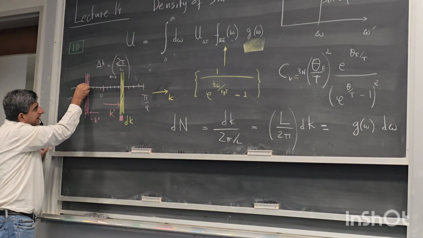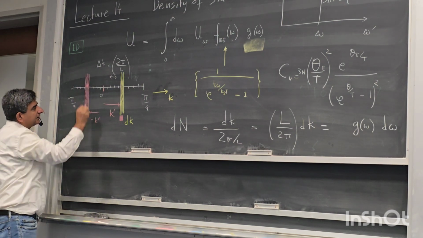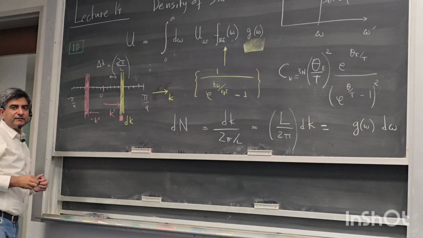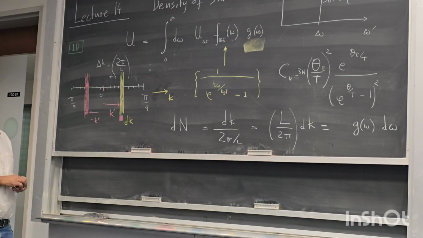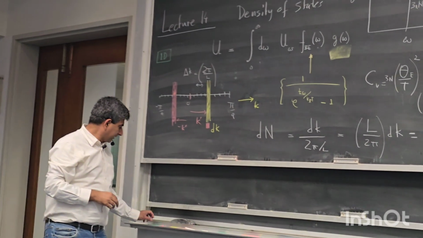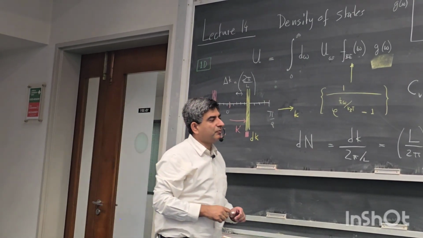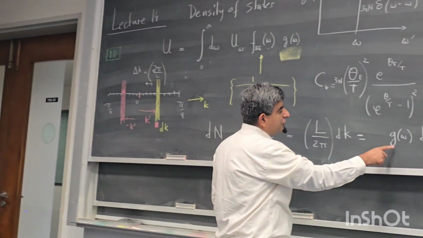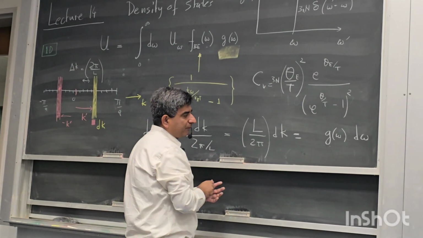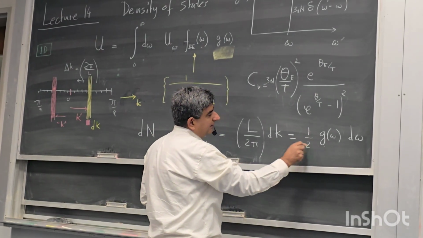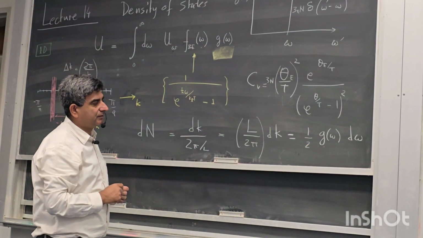So all of the k's in this region and the k's in this region will give the same omega. So this g omega is twice of this, so I would like to put a half here if I would like to make a comparison.